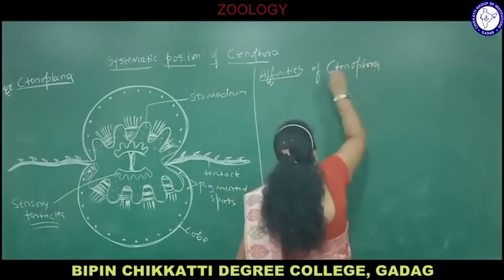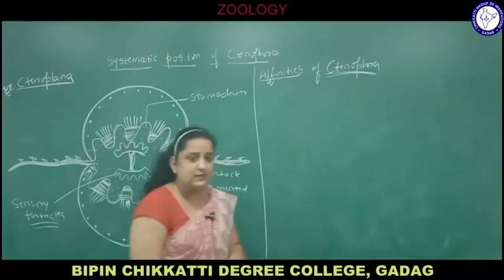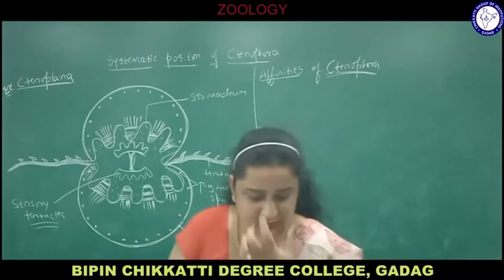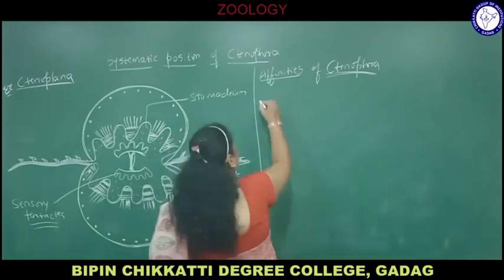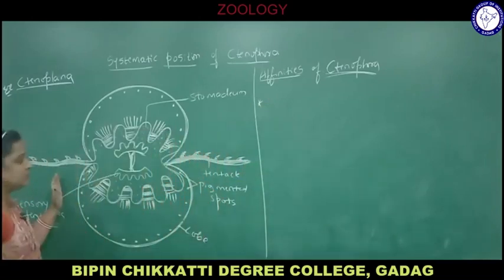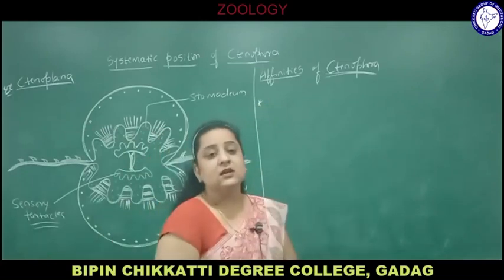So you know Ctenophora are commonly called comb jellies or sea walnuts. What are the affinities here? The evolutionary position is very obscure. They have long been considered related to Cnidarians. Before these animals were classified into different phyla, they were placed under phylum Cnidaria.